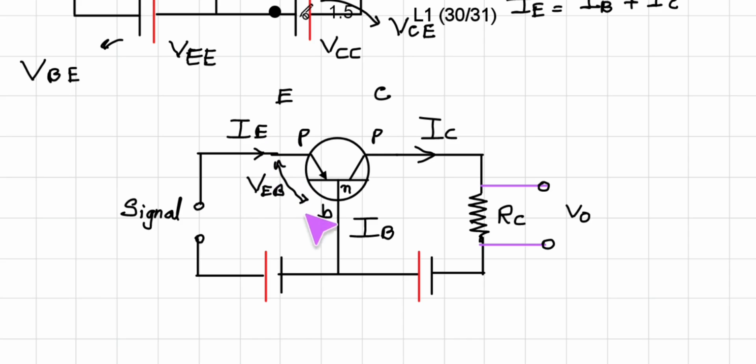See here it is IE, because E is at higher potential, and here the battery VEE is connected. Similarly, the base and collector region is made reverse bias. When the P region is connected to negative and the N region is connected to positive, this region is reverse bias.